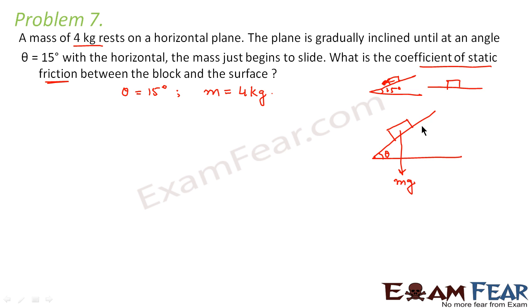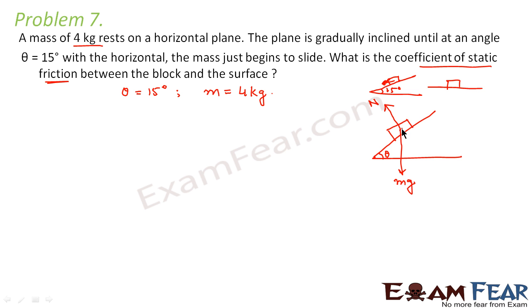So this is my surface of contact. So it will act normal to this surface. That means it will act in this direction. So this is my normal reaction. And what else will act on this block? Now if the block will slide in this direction, whenever it slides, it will slide in this direction, right? So the static frictional force will act definitely along this direction.